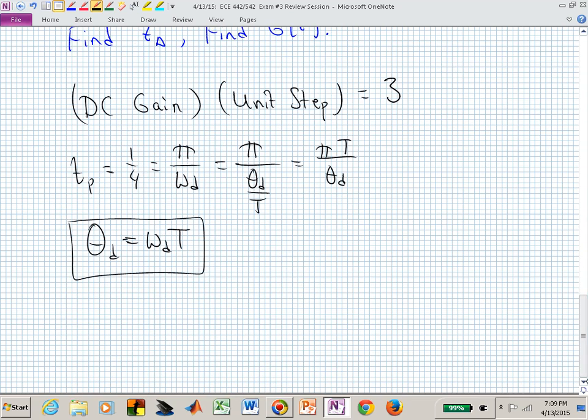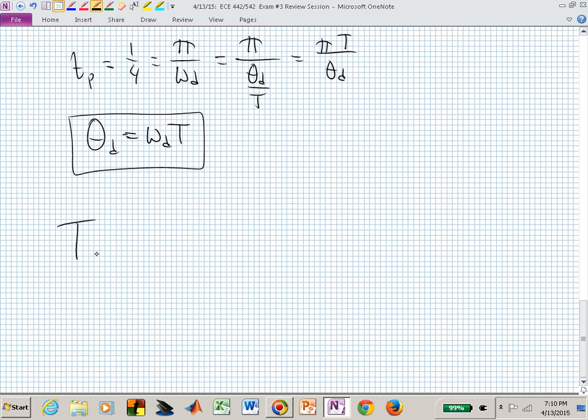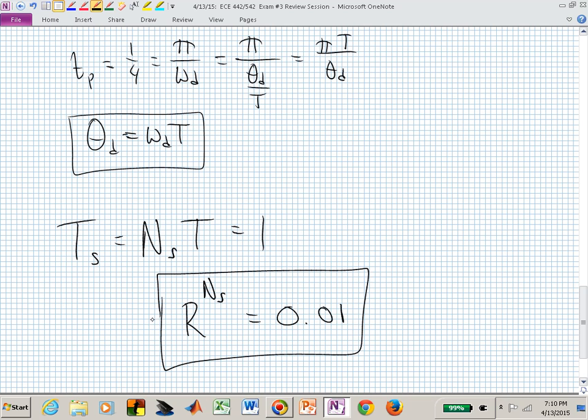Here you would use the settling time. You would say, settling time is now N sub s. Again, you might have to be told what capital T is, but you can find R from that fundamental relationship, which is determined from your 1% settling time.